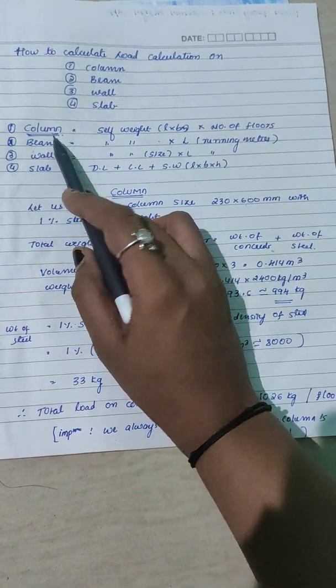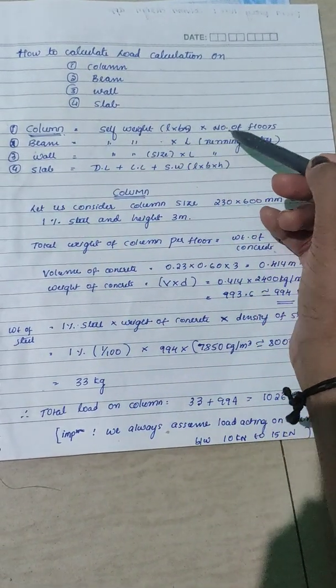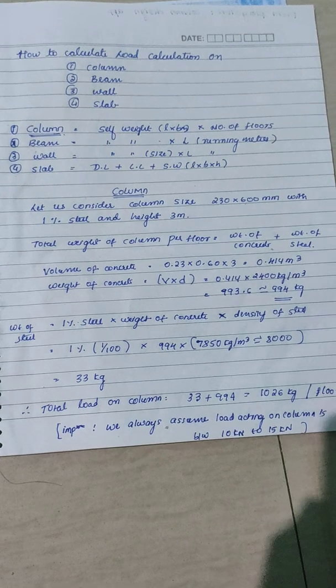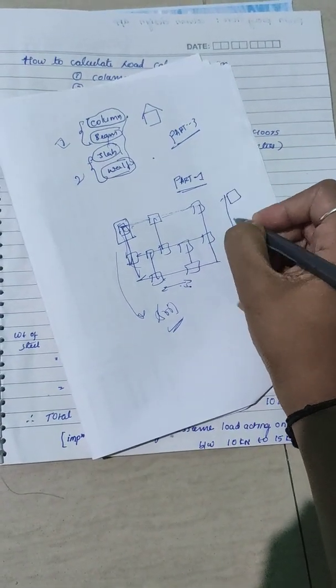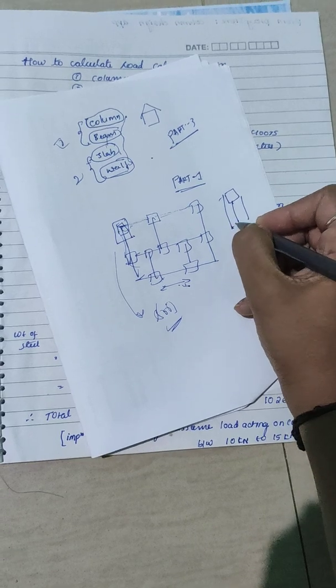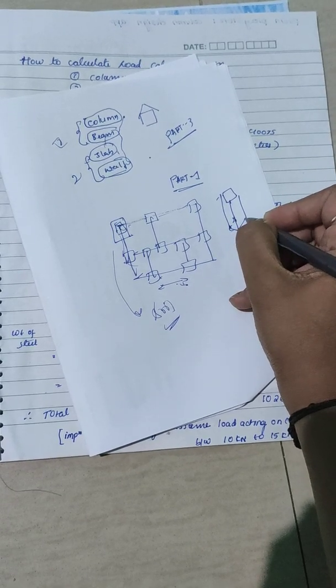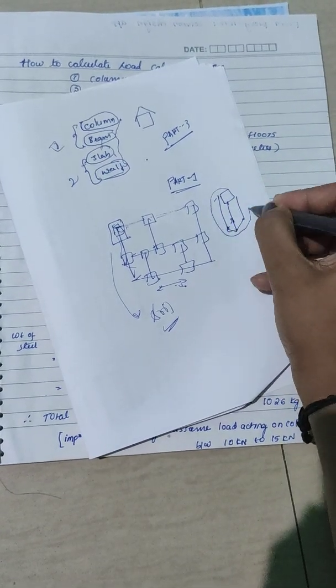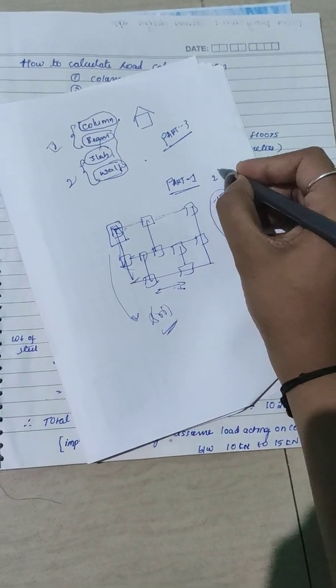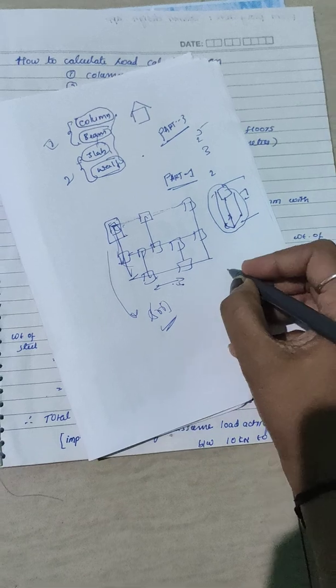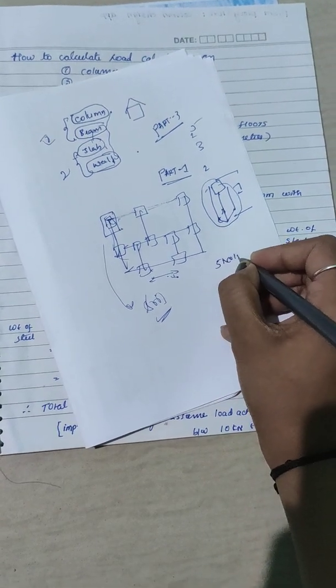See, in a column we can find the self weight times the number of floors. That means if this is your column, this is the first floor, and there are again 2, 3, 4, 5 floors.